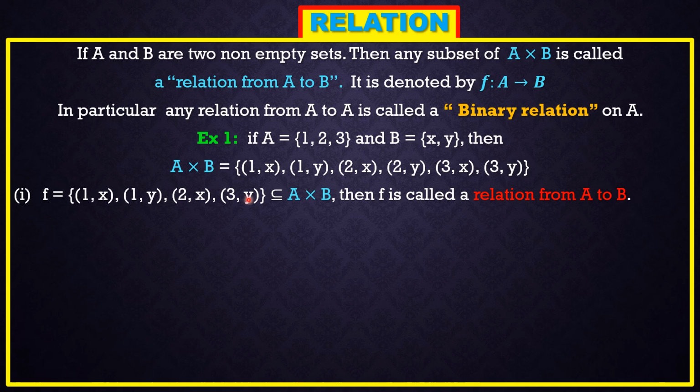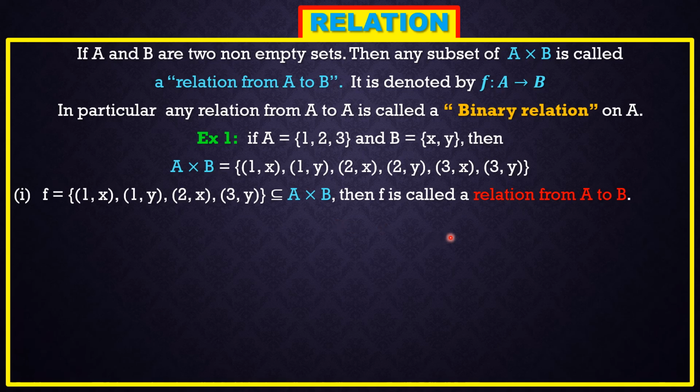And here we observe one subset, that is F, which is the set of ordered pairs (1,x), (1,y), (2,x), (3,y). We observe these are elements in the Cartesian product A cross B. So these four elements form one set, that is F, which is a subset of the Cartesian product A cross B. So clearly this is one of the subsets.